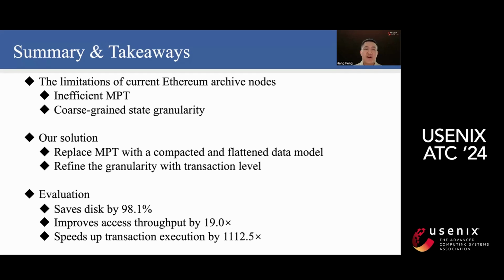Then, we refined the granularity of state transition to the transaction level. Finally, the evaluation results demonstrate that our approach significantly saves disk space, improves access throughput, and speeds up transaction execution compared to state-of-the-art solutions.